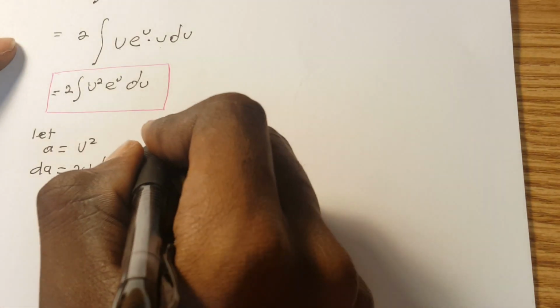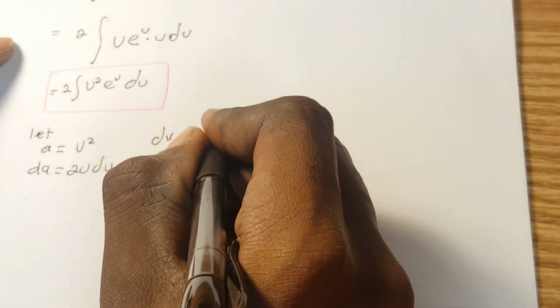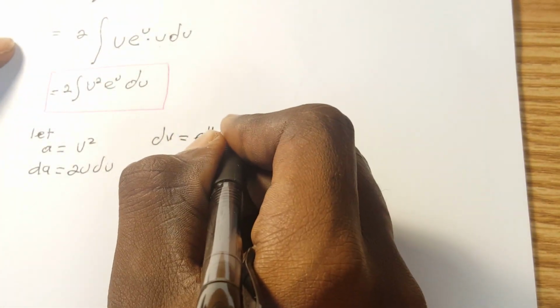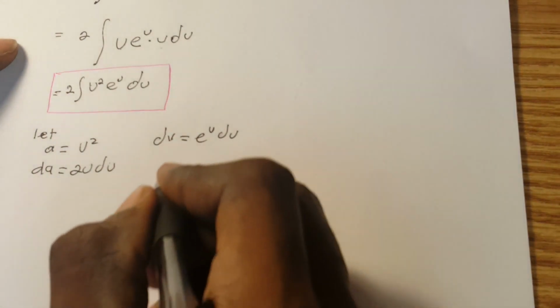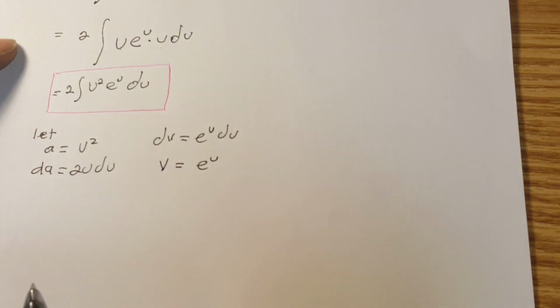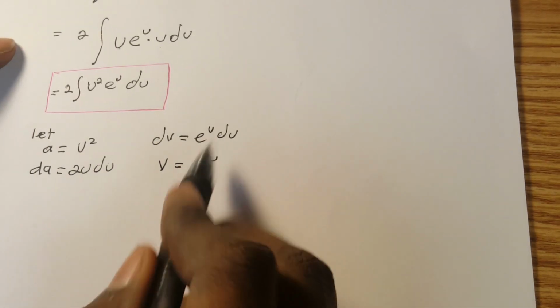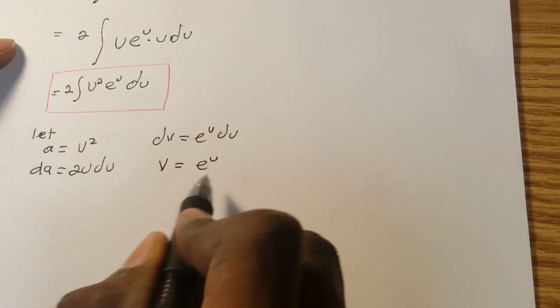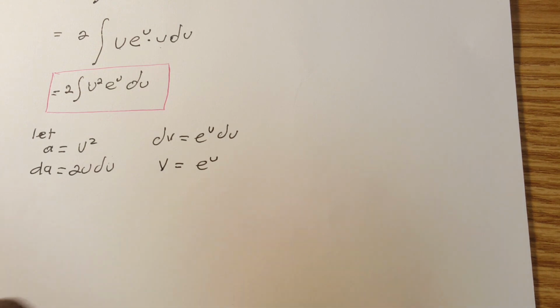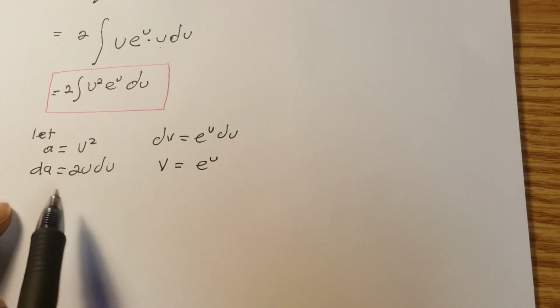I will let my dv be equal to e to the u du. Therefore, my v will be equal to e to the u divided by the differential of u, which is basically 1. Then, if you remember our integration by parts, we go this way, then we go that way.